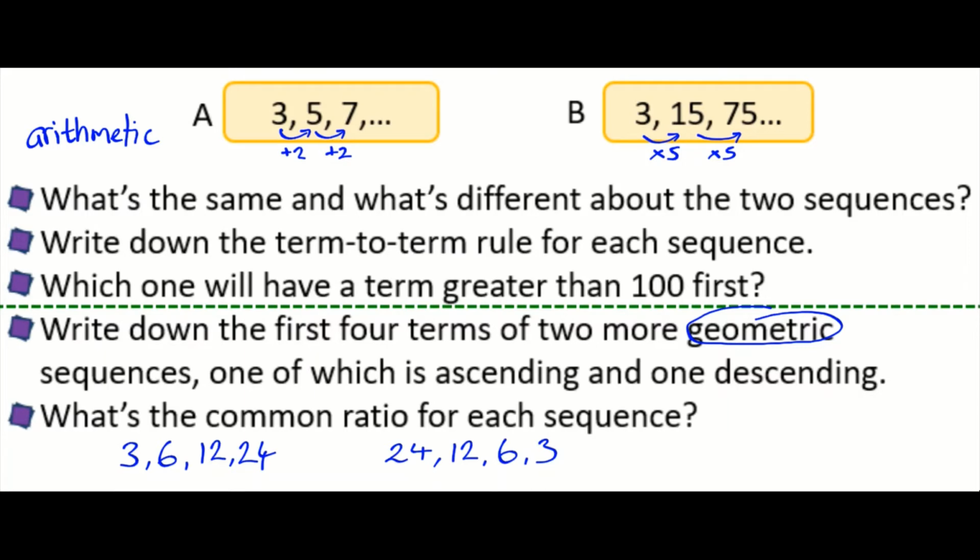It just so happens I've done the same sequence in both cases there. The common ratio for this first sequence, the number that we're multiplying by each time, would be 2, and the common ratio for this second sequence, the number that we're multiplying by each time, would be a half.